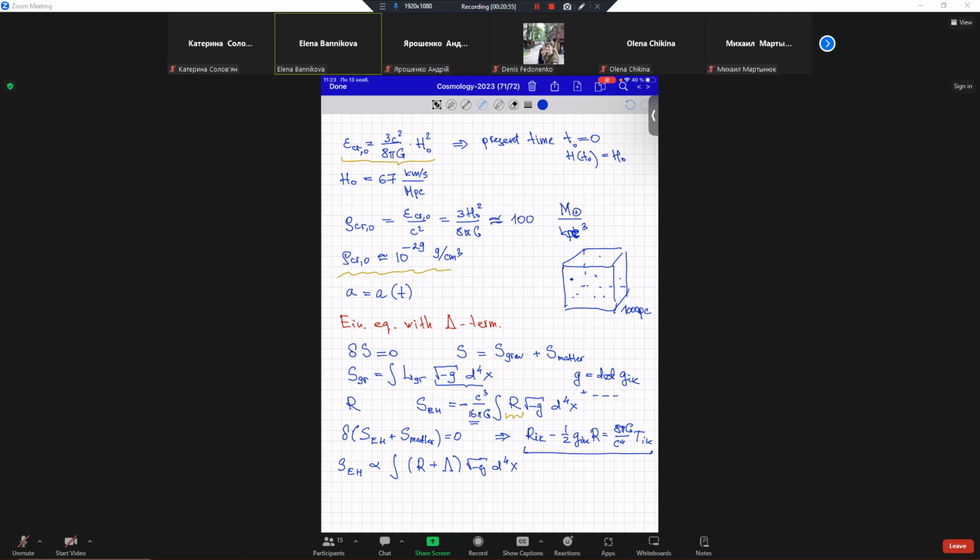So it's not something we invent arbitrarily. In principle, it's a much more general consideration. So we need to put in some constant.